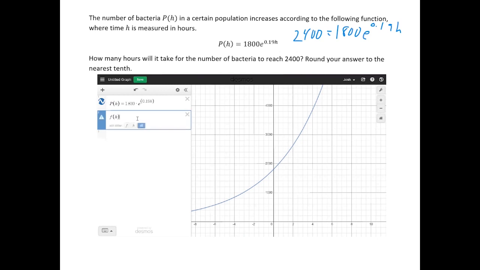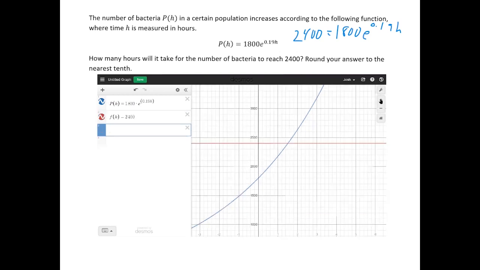Now I'm going to define another function just to be the other number that I'm looking for, 2,400. And so what does that give me?